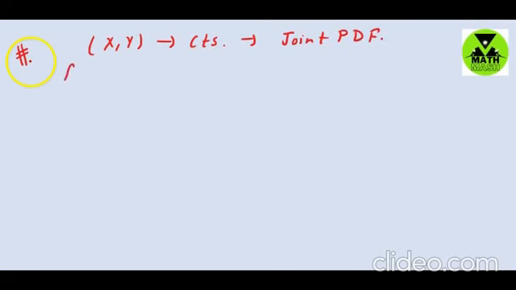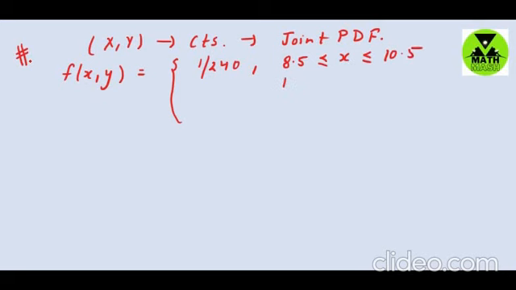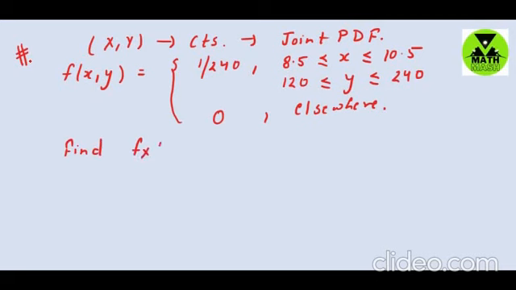It is given by f of x comma y equal to k, where k is 1 by 240, whenever x is in between 8.5 less than or equal to x less than or equal to 10.5 and y is 120 less than or equal to y less than or equal to 240, and this is 0 elsewhere. So this is the joint probability density function. The question is, find the marginal density of x and y, that is fx of x and fy at y.